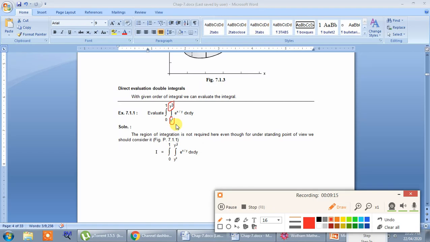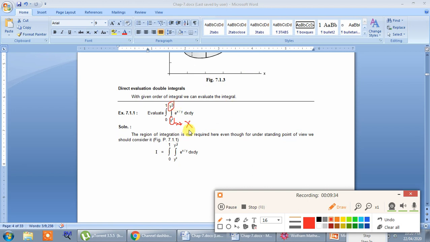What does that mean? It is the limit of the opposite, that is, the remaining variable, x. So as the inner integration limit depends on y, it is the limit of x.